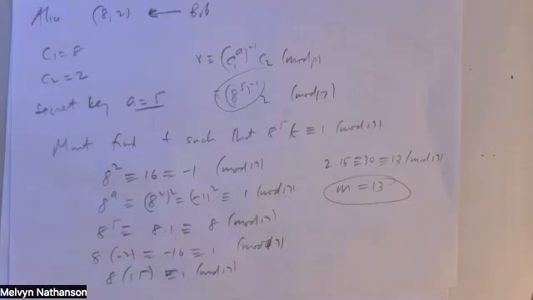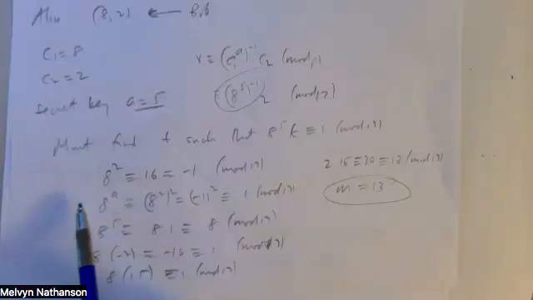I could have computed the 5th power of 8, which is some big number, and reduced it mod 17 to find the inverse, but my way was quicker. Yeah, that's one of the ways I did it for the homework. I did 2 to the 5th or something, and then took the inverse in the mod and broke it down.